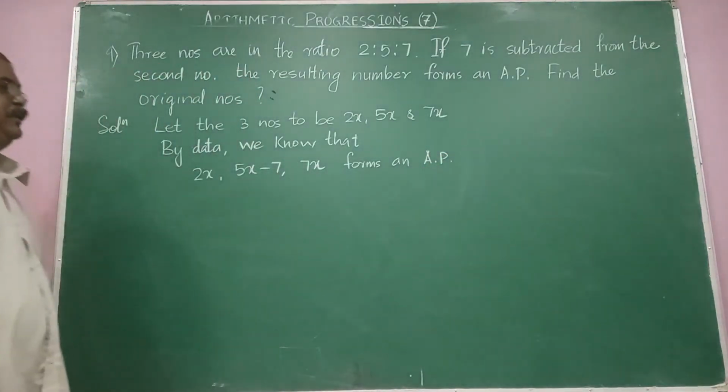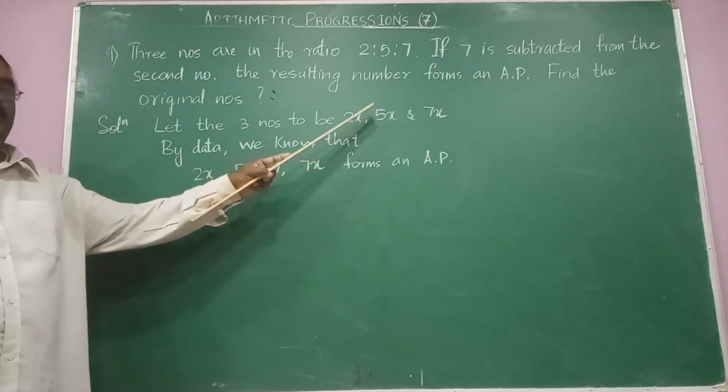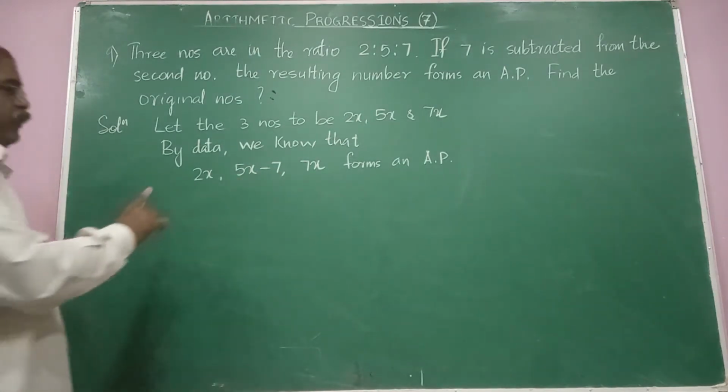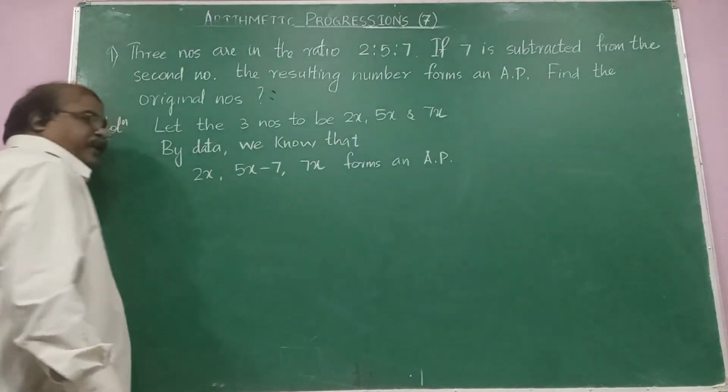What did I say? If I subtract 7 from the second number, the resulting numbers will form an AP. So now I know that these three terms are in AP.